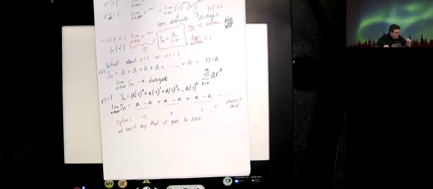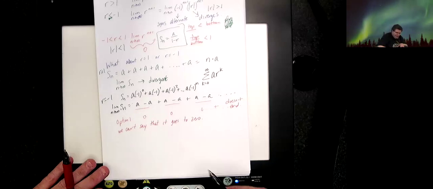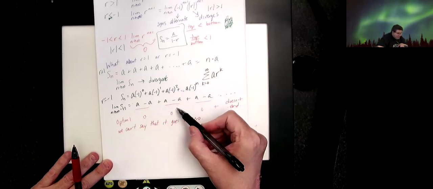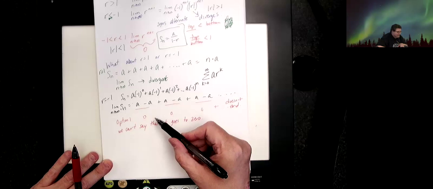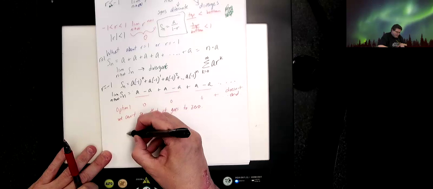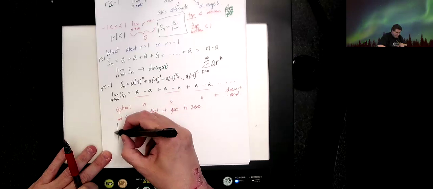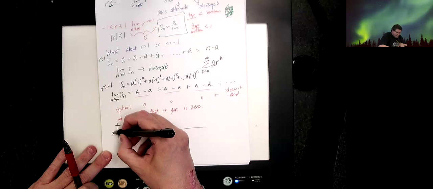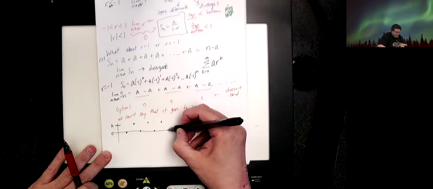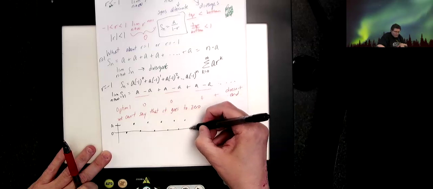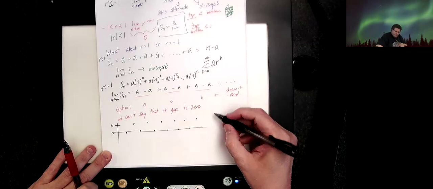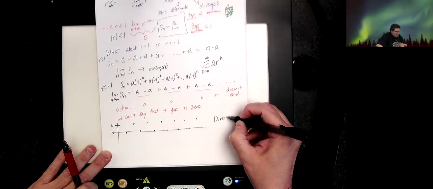If we do an even number of terms, it's 0. If we do an odd number of terms, it's a. So this series, written as a sequence, goes 0, a, 0, a, 0, a. As this is the partial sum sequence, it is divergent because it's not closing in on a number.